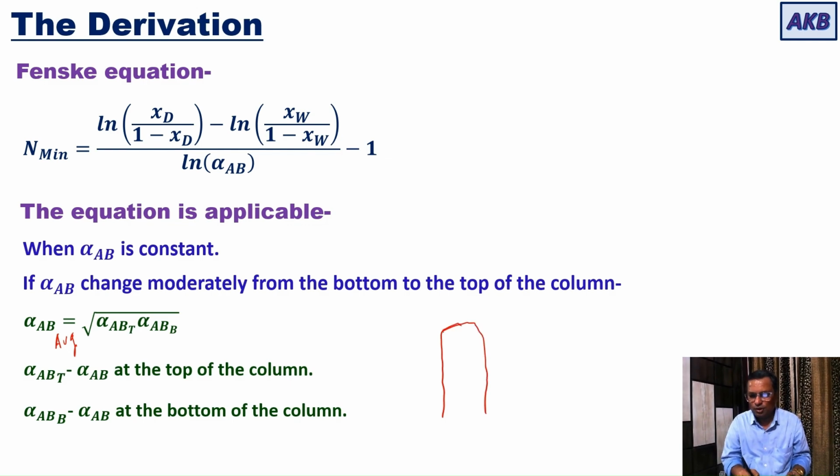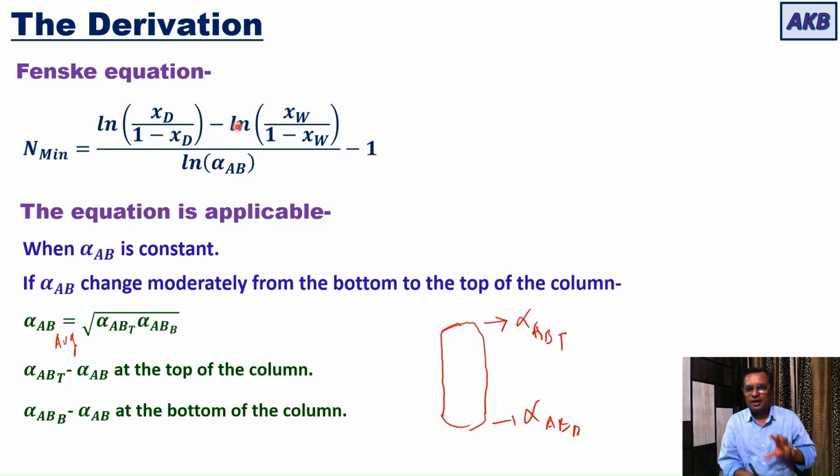If this is the column, then you use the value of alpha AB at the top, I'm calling it alpha ABT, and then the value of alpha AB at the bottom. You take the geometric mean of these two values, and then you can consider that to be constant, and then you can go for this equation.